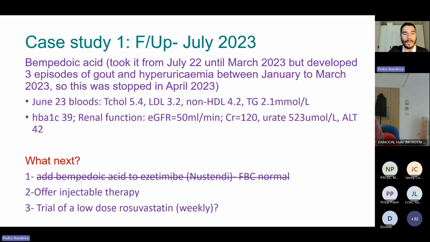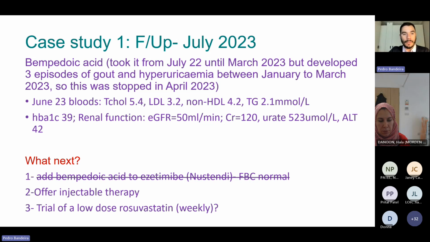But when we followed him up, his bempedoic acid had to be stopped because he developed 3 episodes of gout. The gout was associated with high uric acid, and therefore we had to stop this medication. So now we only have 2 options available. We had the injectable therapy and rosuvastatin, because he had already tried almost all of the other therapies available.